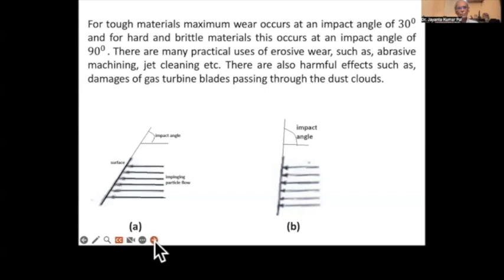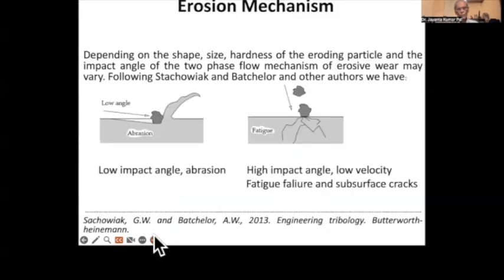For hard and brittle materials, this occurs at an impact angle of 90 degrees. So hard and brittle material will give impregnated erosion, whereas the tough material will have very close to abrasive erosion. So we see that more in this picture, the wear erosion mechanism.